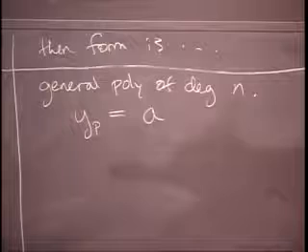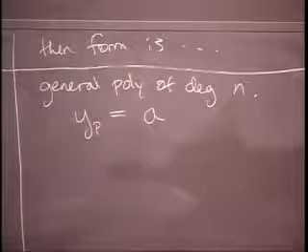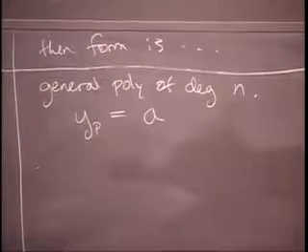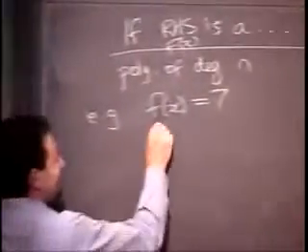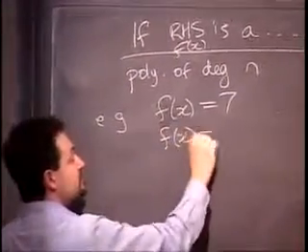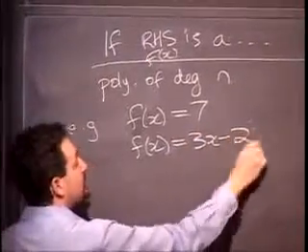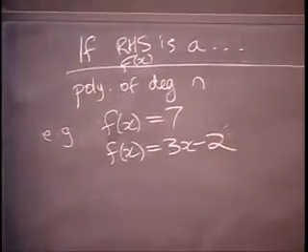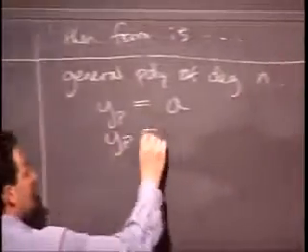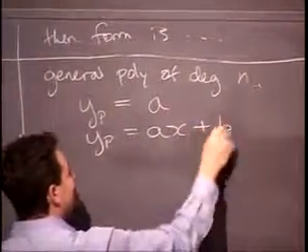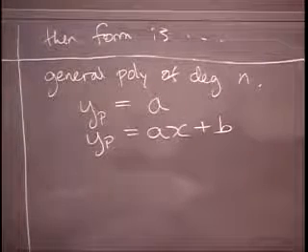And this is not the same a that appeared in the differential equation. This is an a that you write down. I'm sort of reusing letters, but you will forgive me, I hope. Suppose that the right-hand side of the original equation was 3x minus 2, for example. Well, that's now a linear function. So you put ax plus b here, and you have to find what little a and little b are.